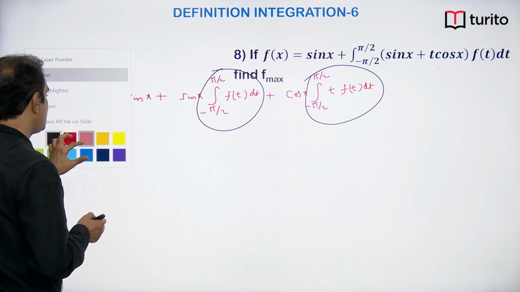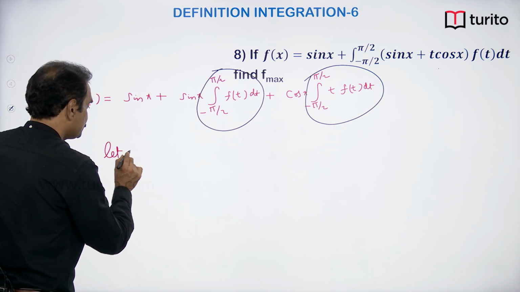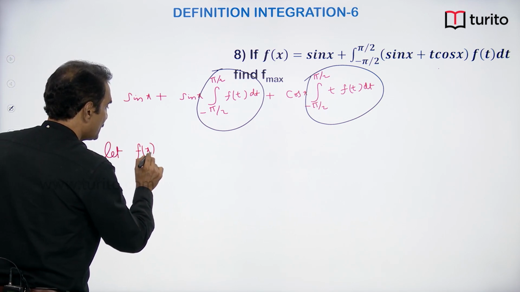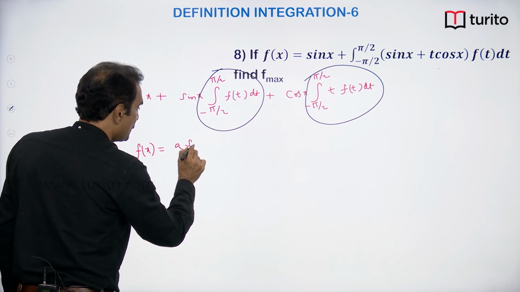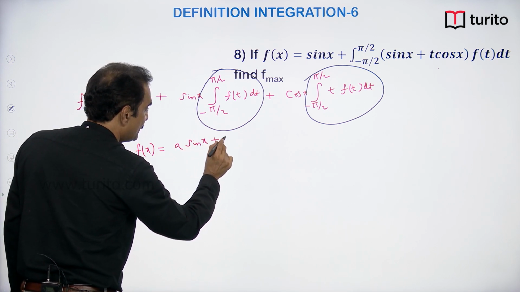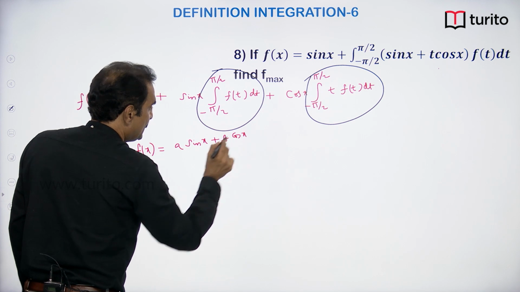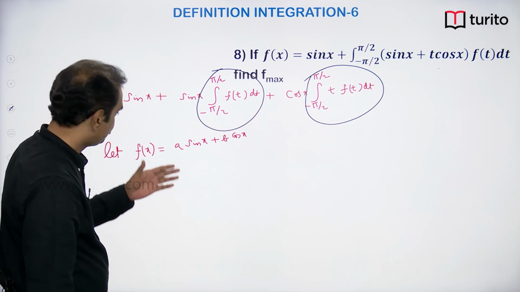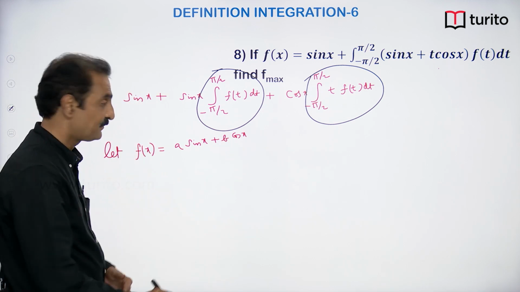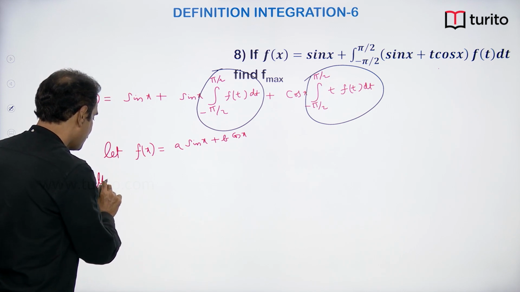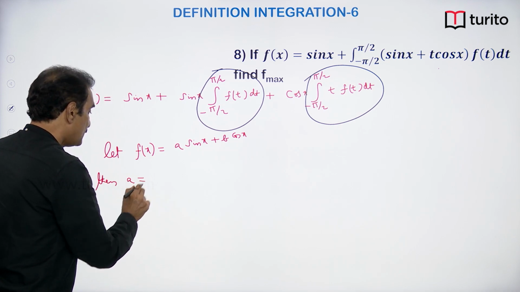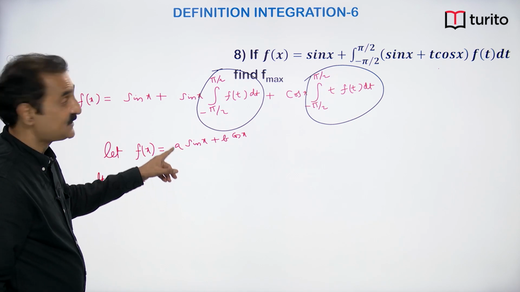Let us assume that f of x is a sin x plus b cos x. Now, what is a? A is the coefficient of sin x.